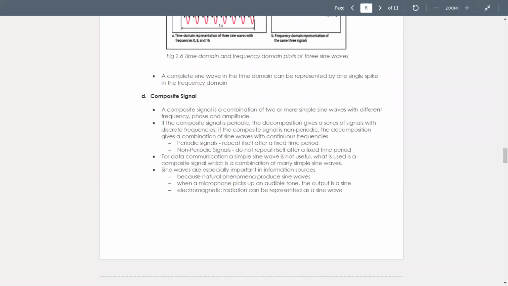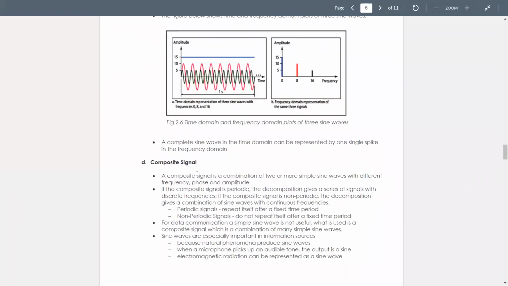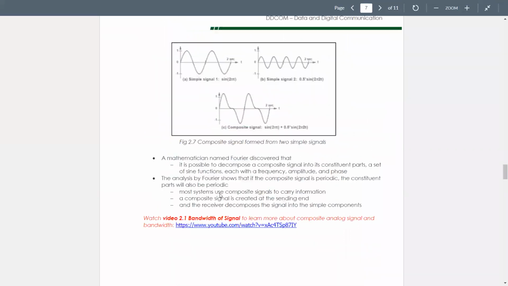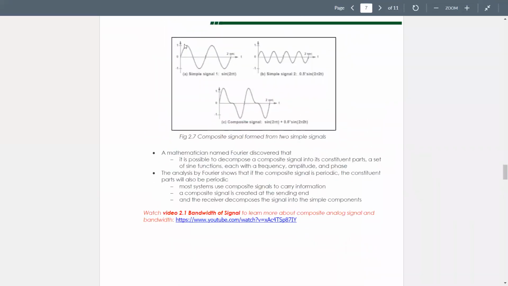We also have a composite signal. This is a combination of signals, like this one. We combine them and then we come up with the composite signal. Why do we combine them? Because we have to process the signal in order to transmit.